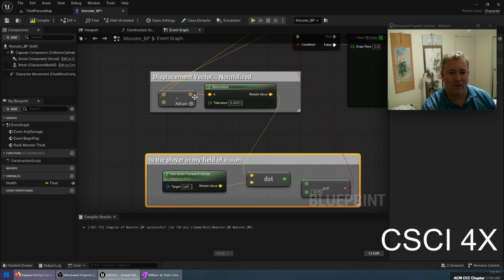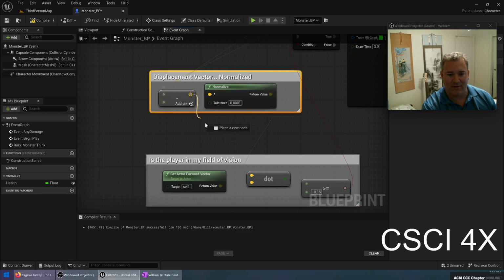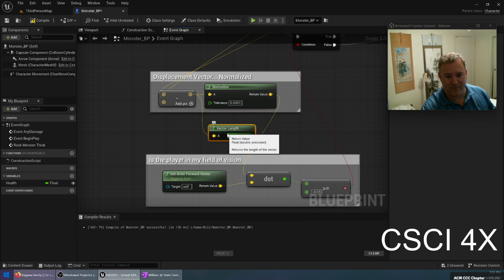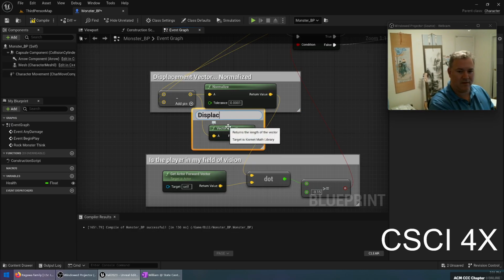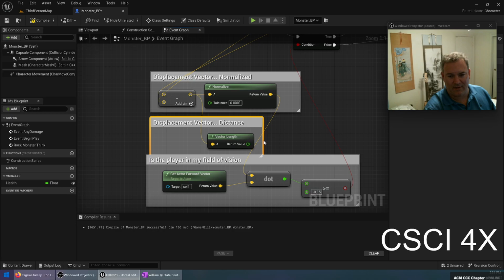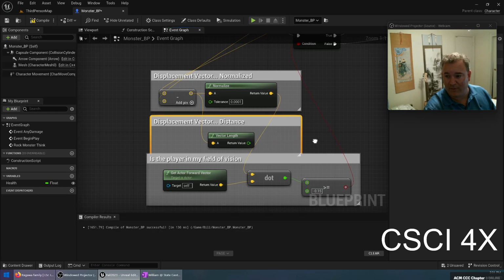We can do that with our displacement vector, by getting the length of the vector. By getting the length of the displacement vector, we can tell how far away the player is.